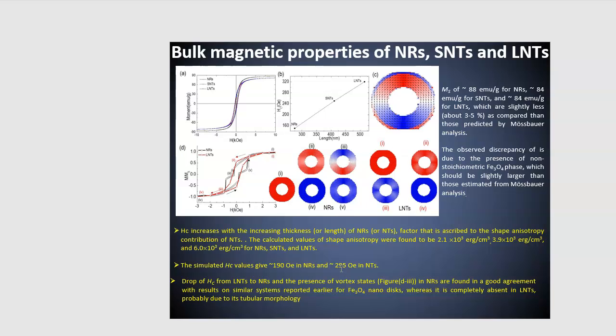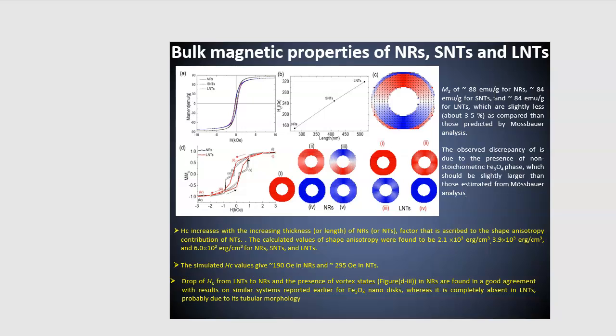This is the bulk magnetic property for these nanorings, short nanotubes and long nanotubes. Here you can see the MH curve at room temperature, and the observed saturation magnetization is very close to the bulk value.